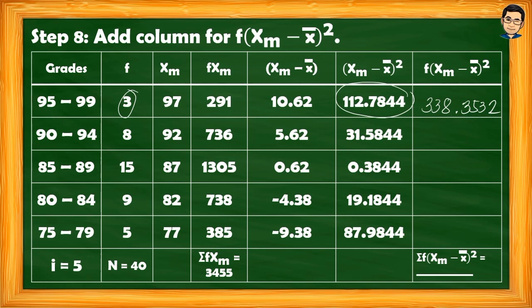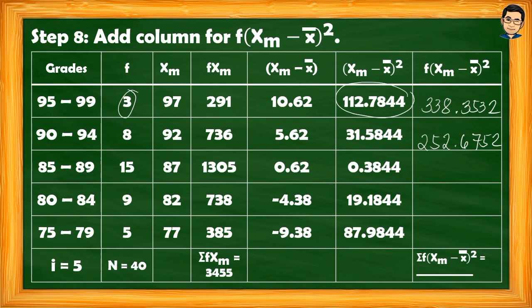Next, 8 times 31.5844, that is 252.6752. So, reminder lang, hindi tayo makakarating dyan sa last column, yung pang 7th column natin, unless wala po yung 3rd, 4th, 5th, and 6th. Okay, kasi yung frequency lang dyan ang given, tsaka yung class.